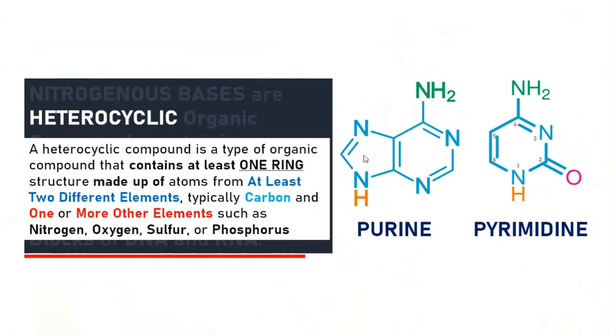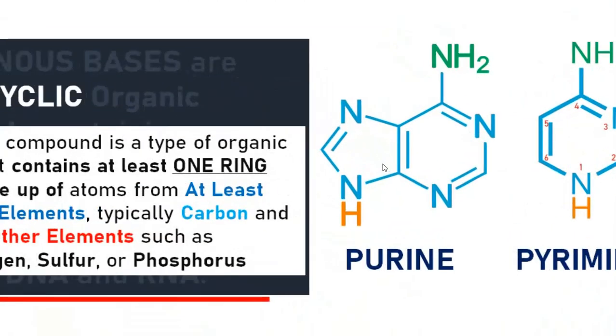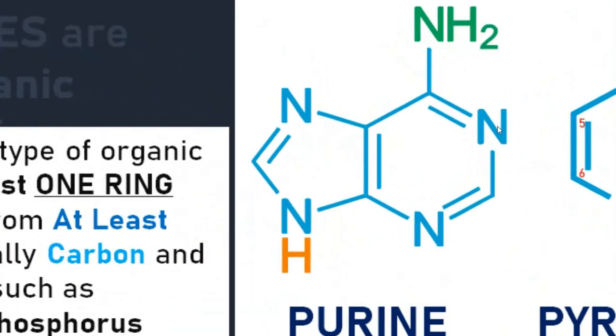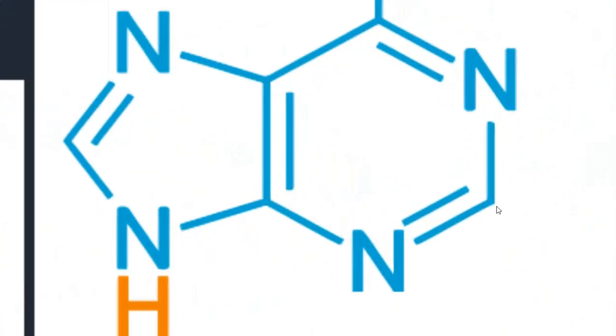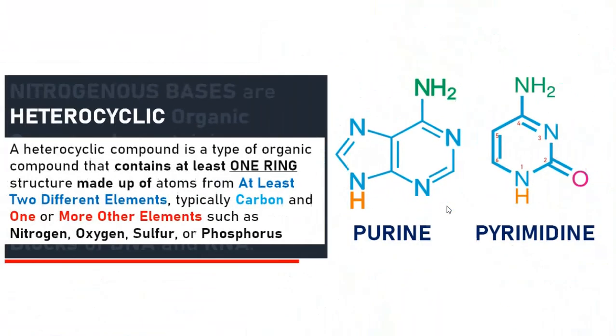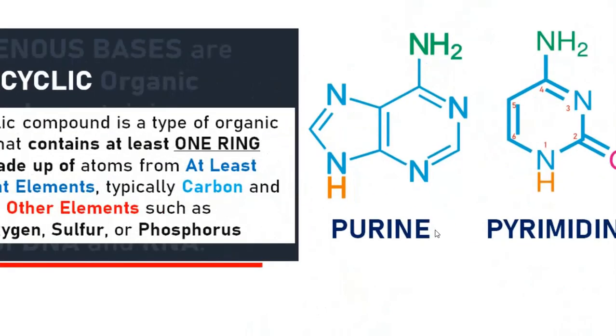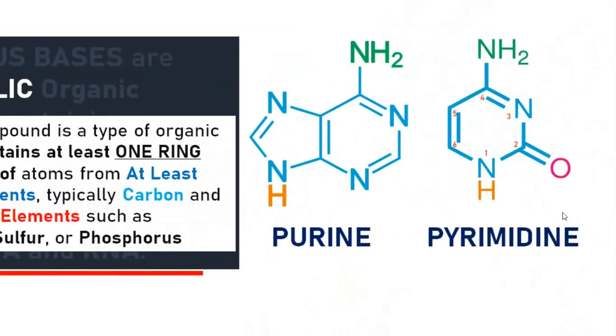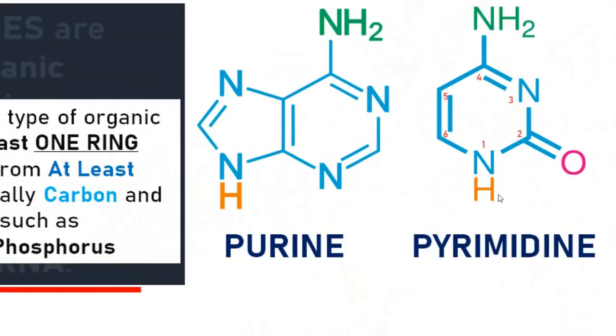Nitrogenous bases are heterocyclic compounds. Here we can see these are composed of nitrogen, and in other locations the carbon is located. So these nitrogenous bases, the purine as well as the pyrimidine, are both heterocyclic organic compounds consisting of nitrogen as well as carbon in their ring structure.